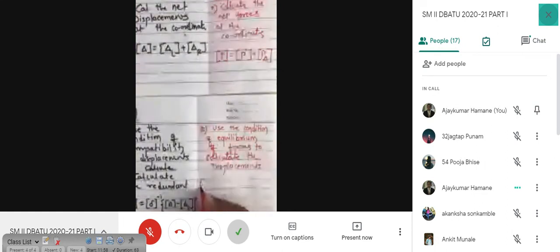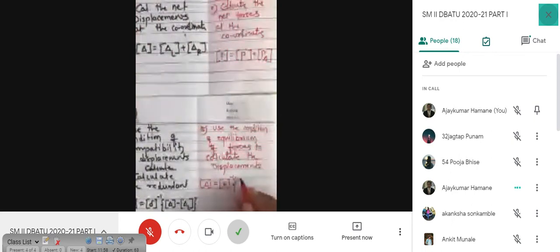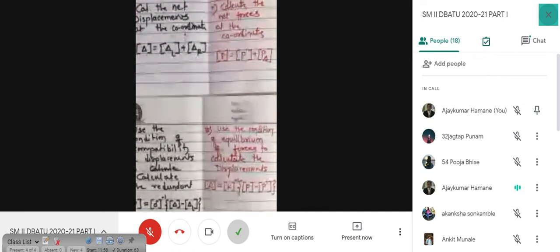So here delta equals inverse of stiffness matrix times (P matrix minus P dash matrix).